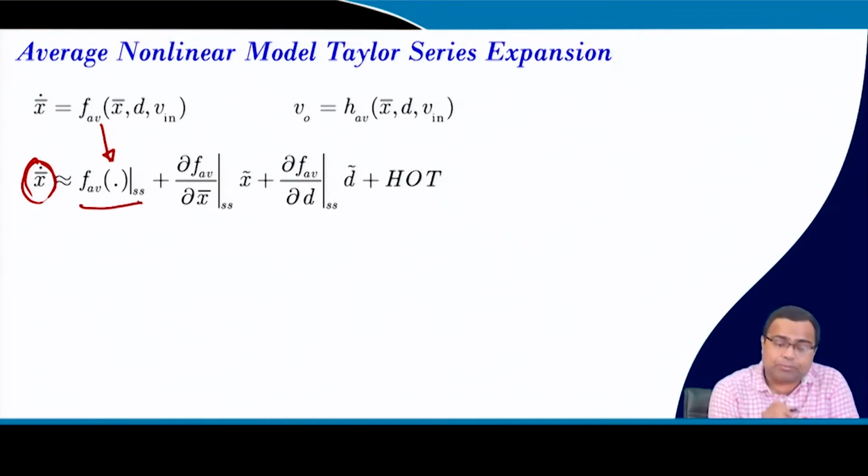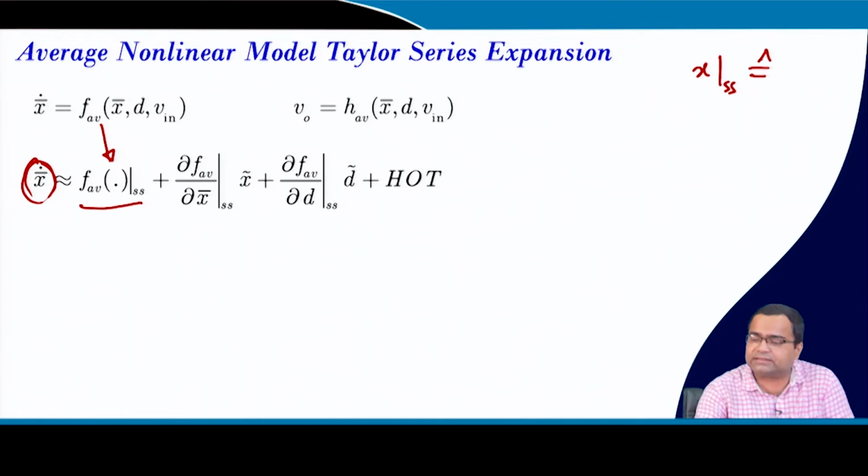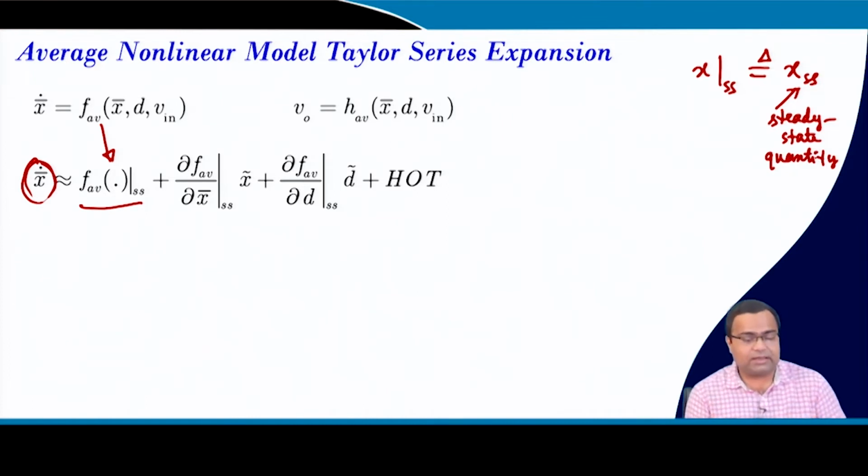at a certain point. So, here when I write any x_ss, this represents x at steady state, that means these are the steady state quantities. So, when we are talking about steady state, we are trying to obtain the Taylor series approximation around a steady state point.